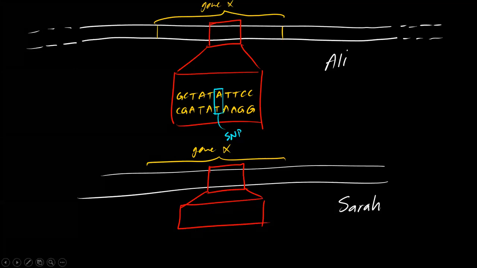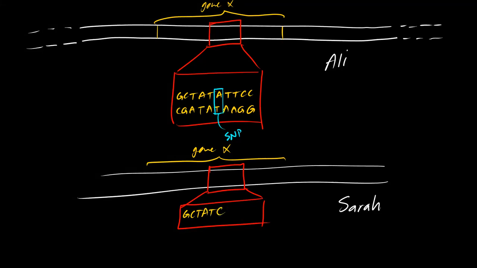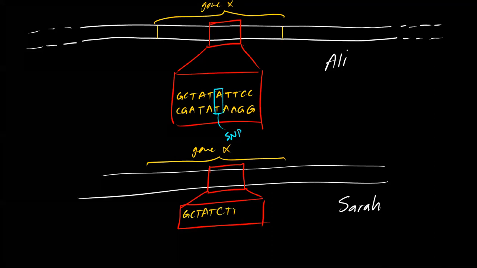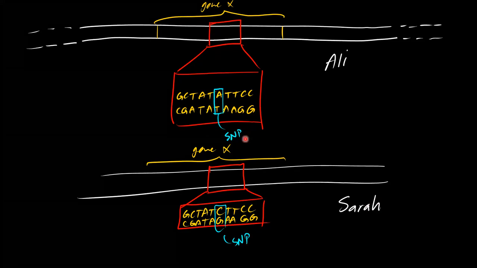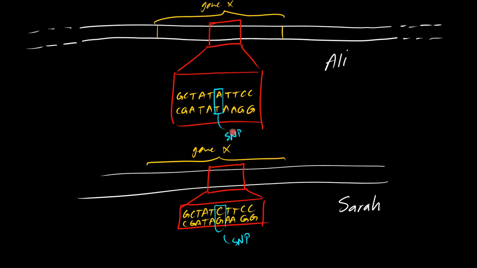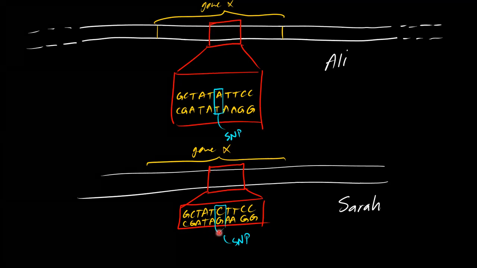And if we read the sequence here, we have similarly G, T, A, T, C, T, T, C, C. Okay, so this is the SNP. So for both Ali and Sarah, every nucleotide within gene X will be the same except for this SNP, maybe.